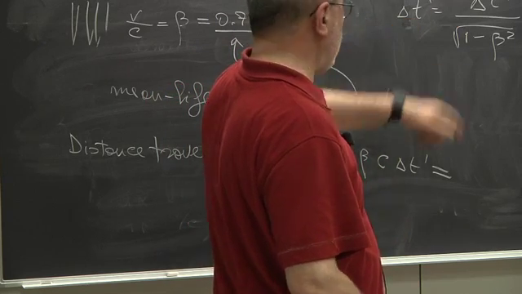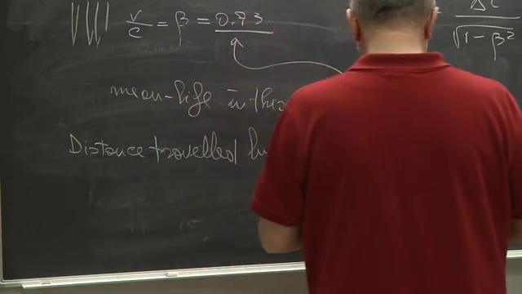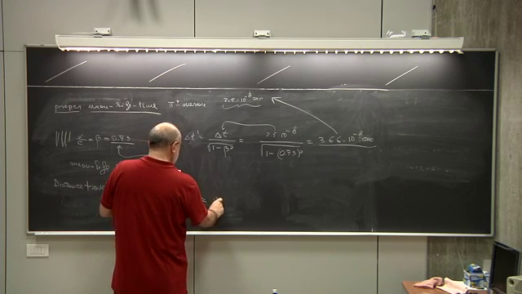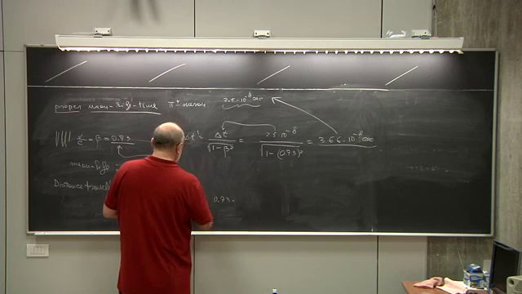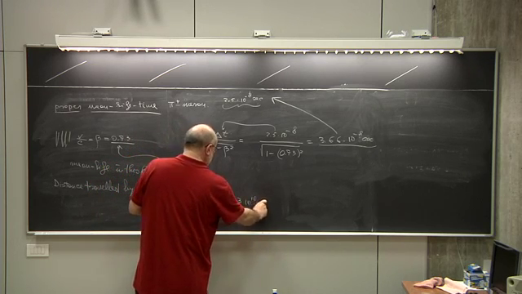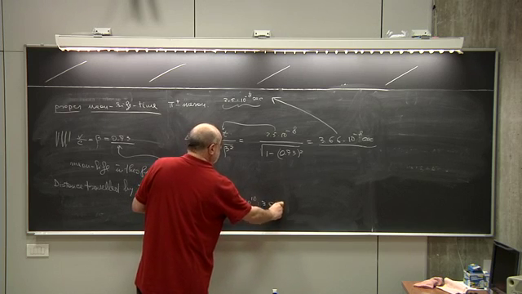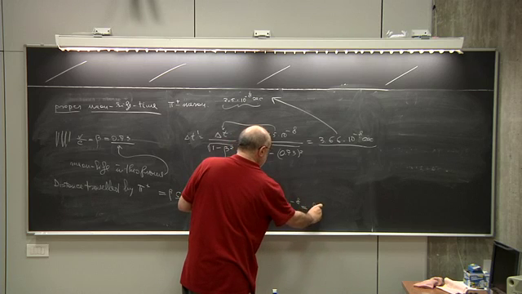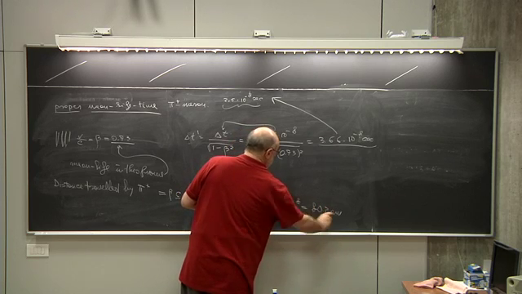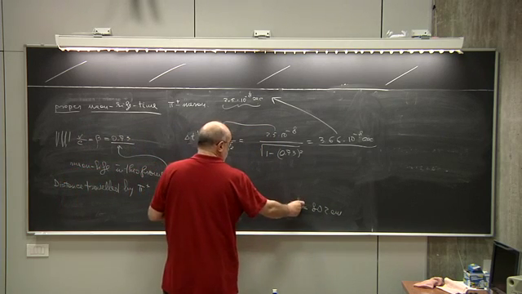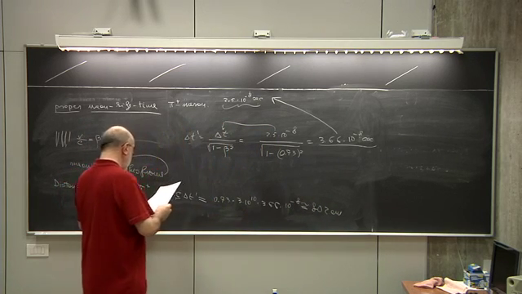So we put in 0.73, the velocity of light is 3 times 10 to the 10, then 3.66 times 10 to the minus 8, and what we get is 802 centimeters, roughly. Just do it with your calculator.